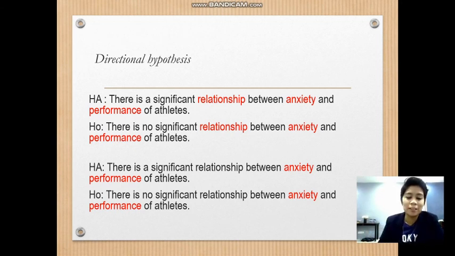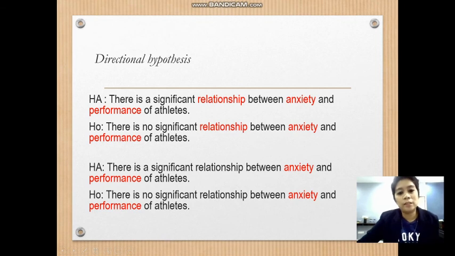It sounds like this: there is a relationship. There is no relationship for the null. H0 is null. State these two types, alternate. One says there is. A hypothesis is an early prediction, what you predict, what you want to state. Want to reject, want to accept, we put the statement, predict the statement. Okay, and another one, relationship between anxiety.